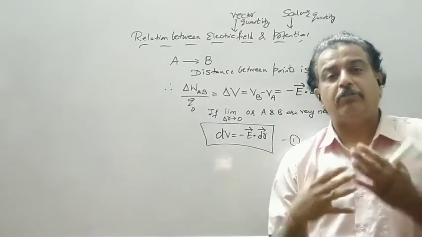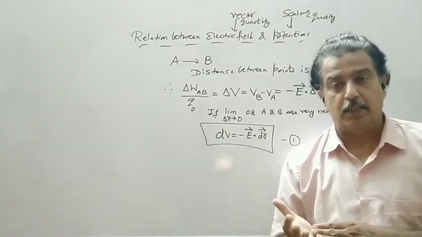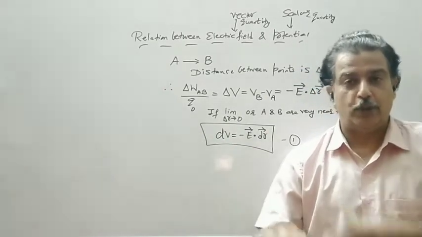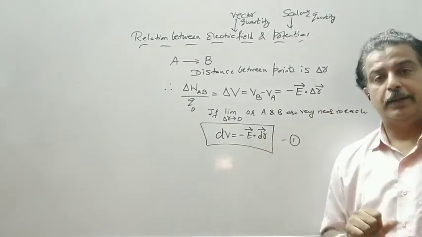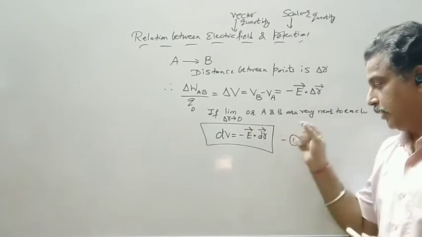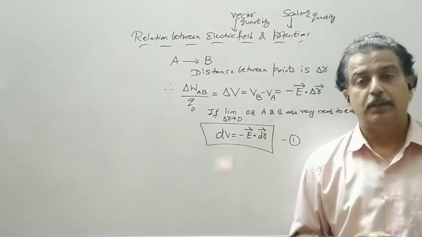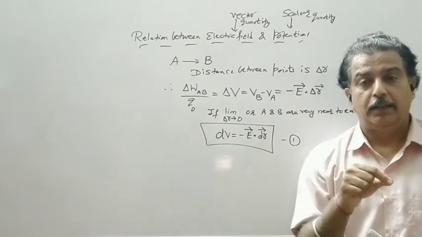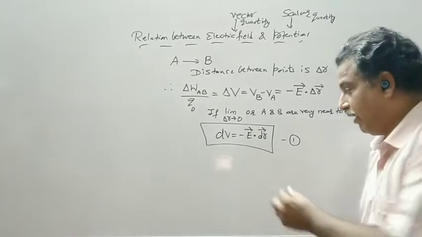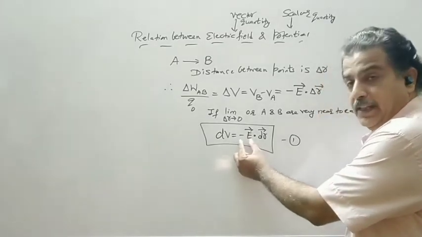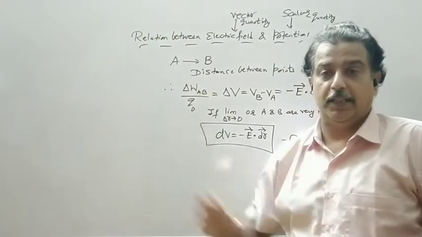Now earlier, in the last lecture or in the introductory part of this lecture, we removed this dot. Try to understand this point. We removed this dot because we were moving in the direction against the field. Against the field means minus E. E was radially outward, or in that case E was along the y-axis.